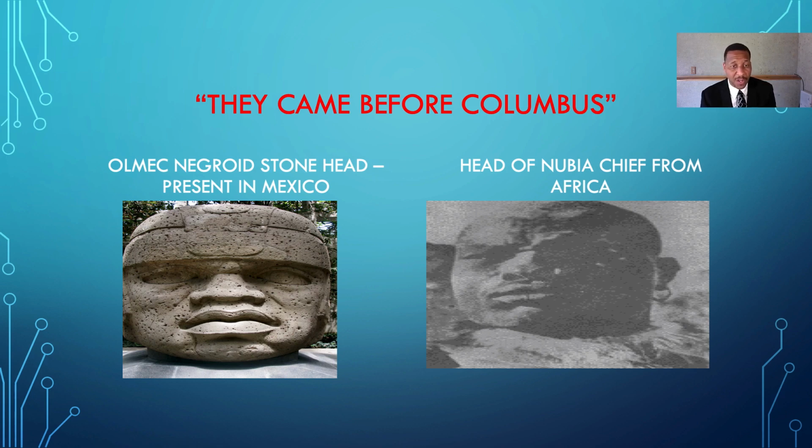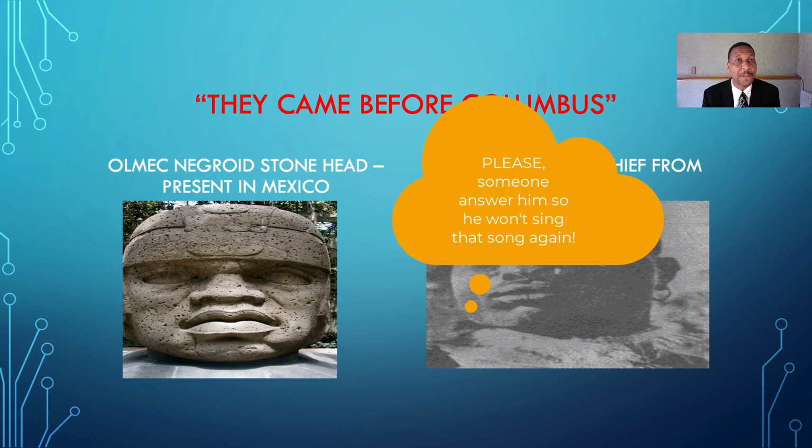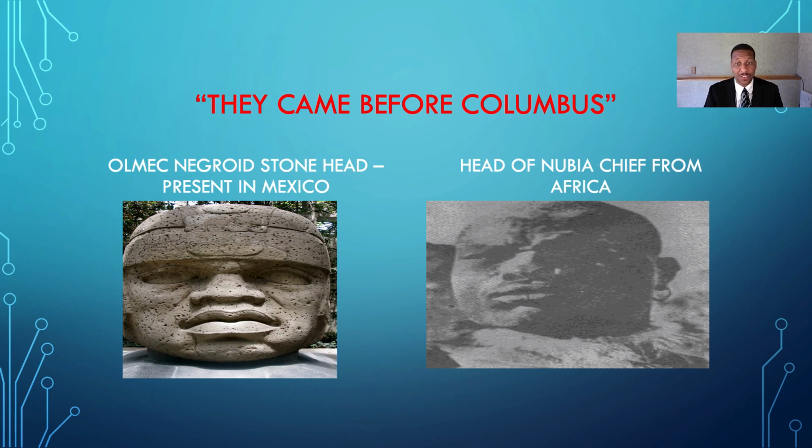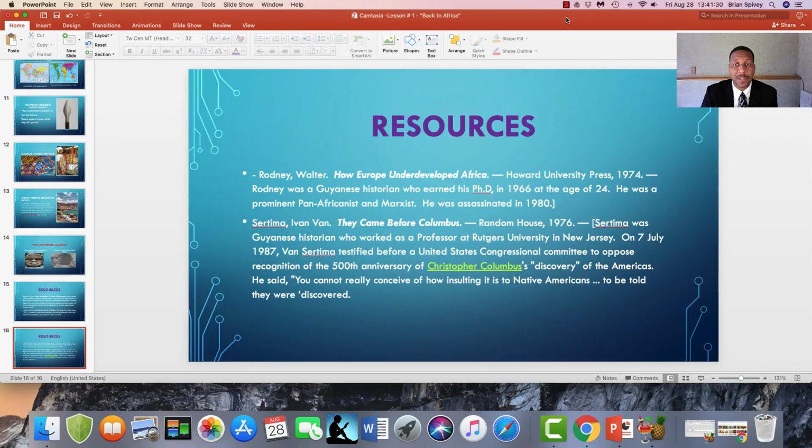And this was present way before Columbus, in 1490. And this was the head of a Nubian chief from Africa. So when did Christopher Columbus sail? 1492. And this was discovered, well, not discovered, but there's elements of it in 1490 in America.